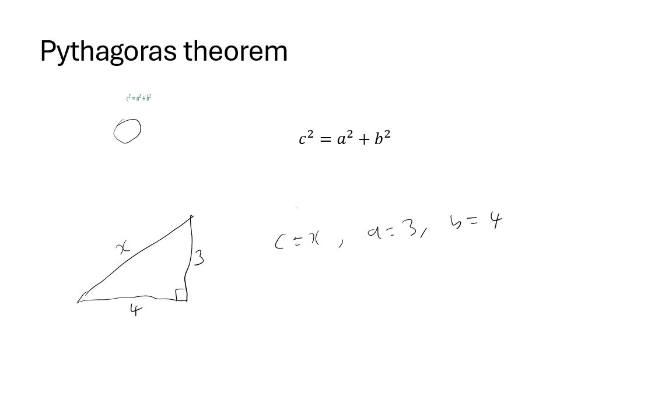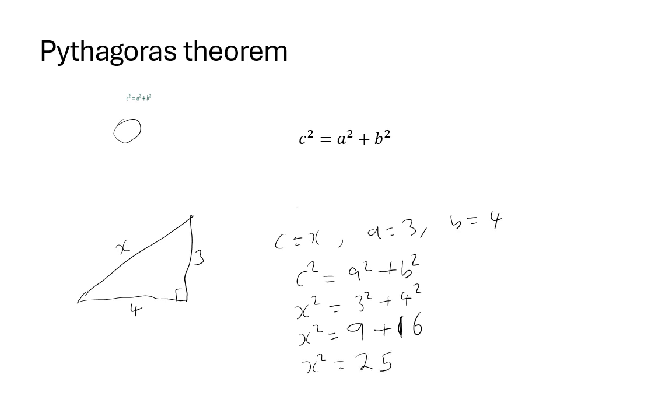To find C, we use the formula C squared is equal to A squared plus B squared. This is just x squared is equal to 3 squared plus 4 squared. 3 squared is 9, 4 squared is 16, so this is 9 plus 16, and x squared is equal to 25.